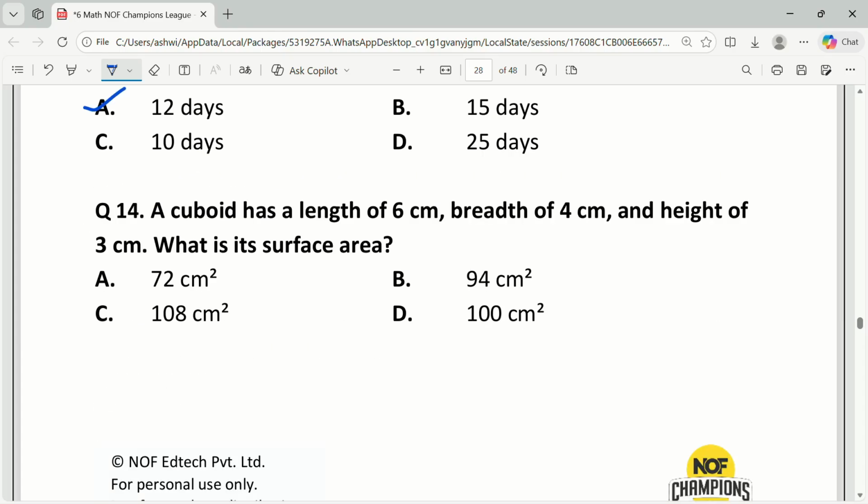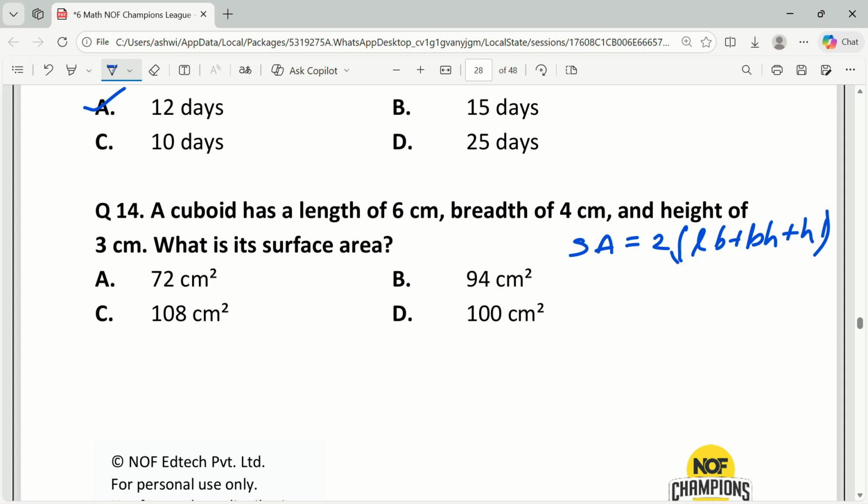A cuboid has length of 6 cm, breadth of 4 cm, and height of 3 cm. What is its surface area? The formula for surface area of a cuboid with length L, breadth B, and height H is SA is equal to 2 into LB plus BH plus HL.